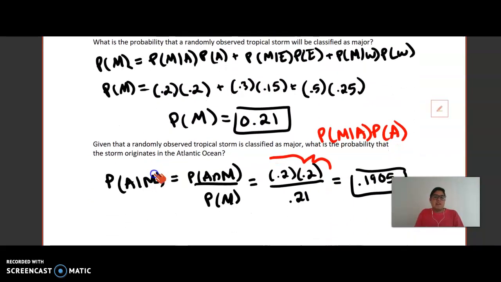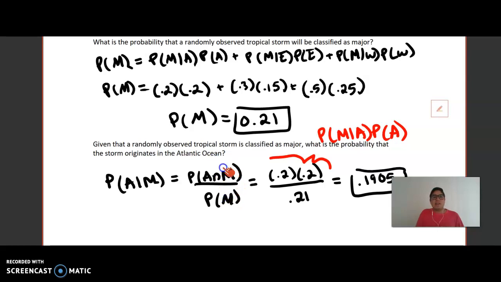Then from here, it says given, right, my conditional, that a randomly observed tropical storm is classified as major, what is the probability that the storm originates in the Atlantic? So P of A given that it's major. Again, the intersection is in the numerator, the condition is in the denominator.